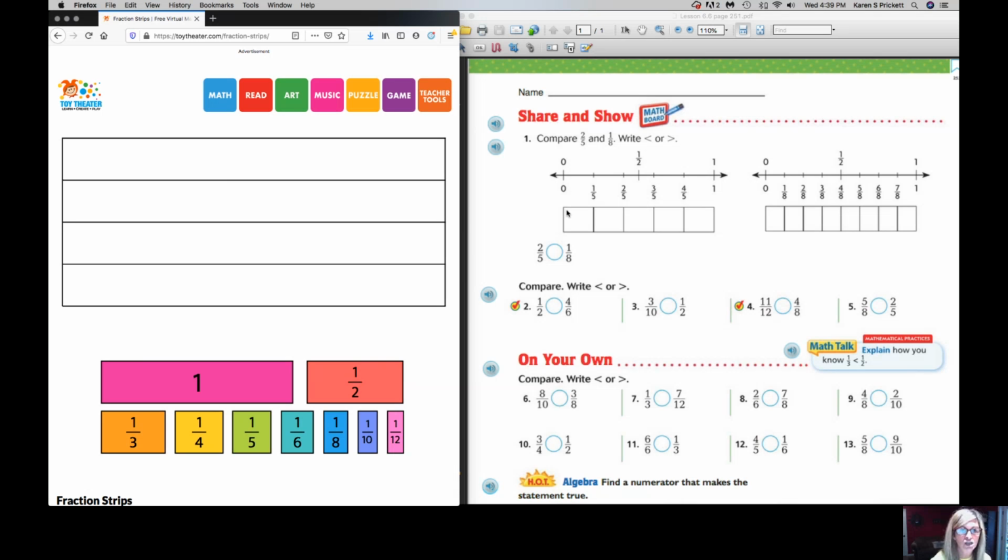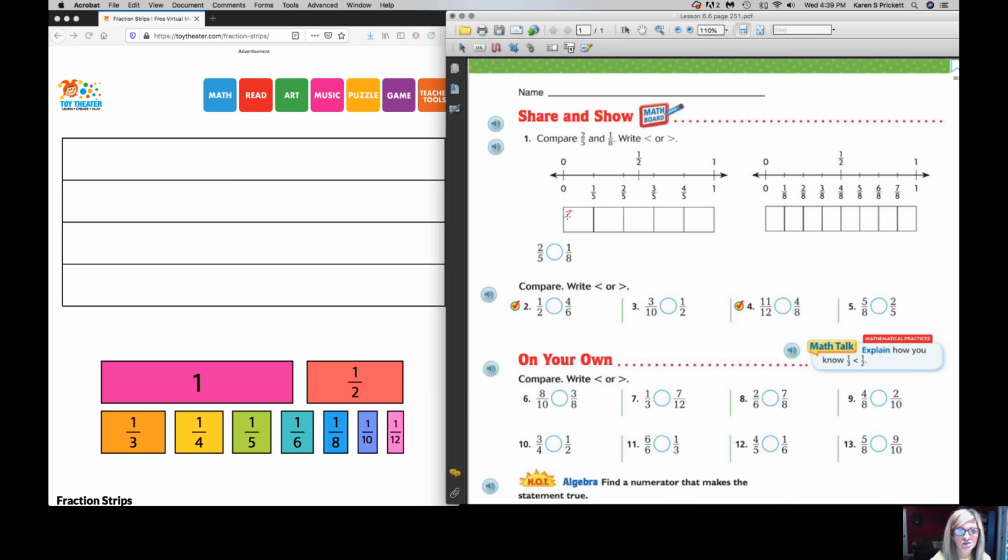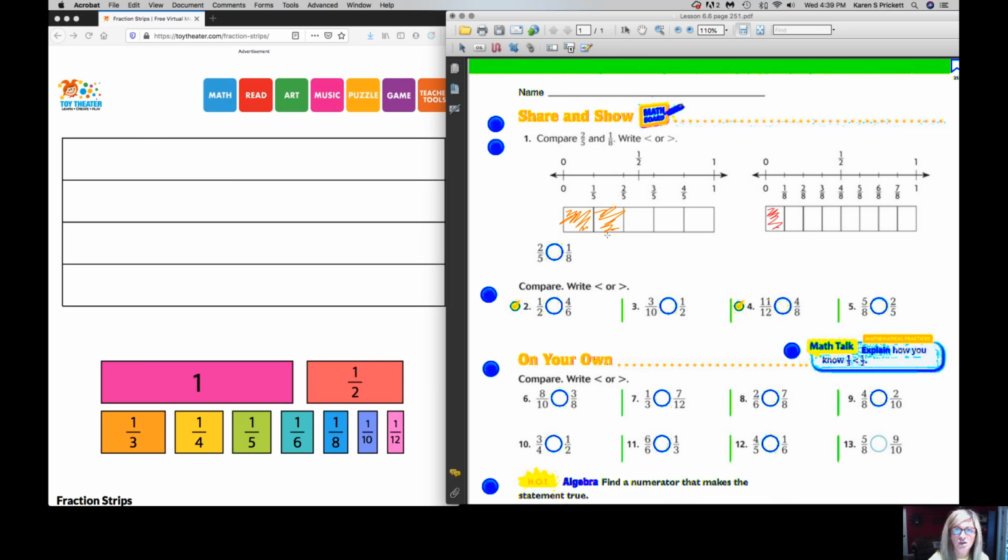And so we're going to shade in 2/5 over here. And then we are going to shade in 1/8, and that is how we're going to compare. So it is very obvious by looking at this that 2/5 is much closer to 1/2 than 1/8 is. So 2/5 is greater than 1/8.